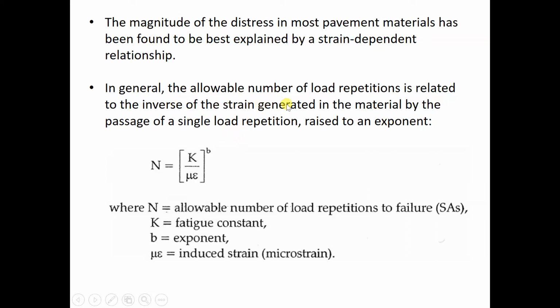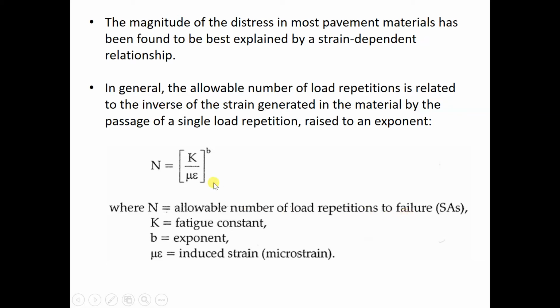In general, the allowable number of load repetitions is related to the inverse of the strain generated in the material by the passage of a single load repetition, raised to an exponent. So we have this expression. N is the allowable number of load repetitions to failure.